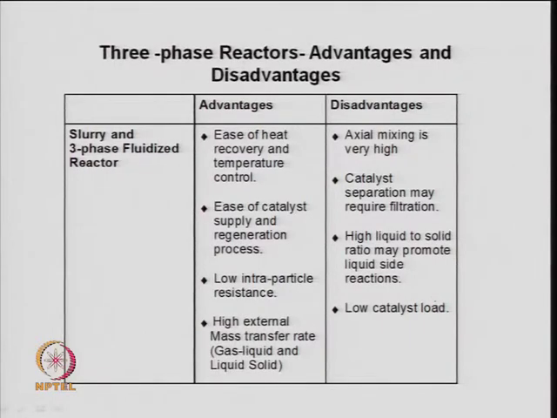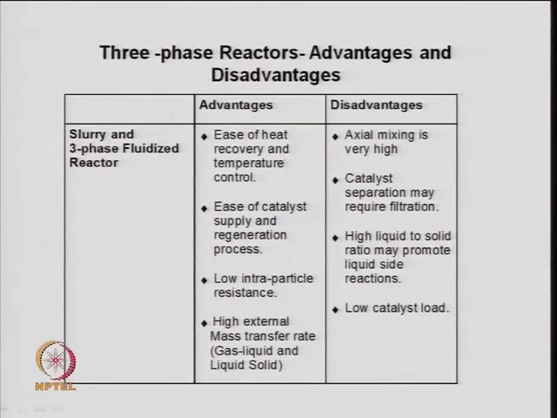Then there is the slurry three-phase fluidized bed reactor. Here again we have some advantages and disadvantages, and I have tabulated them. Ease of heat recovery and temperature control, because the particles in the slurry phase are fine, so whatever the advantages of the fluidized bed reactor, they will be here also.